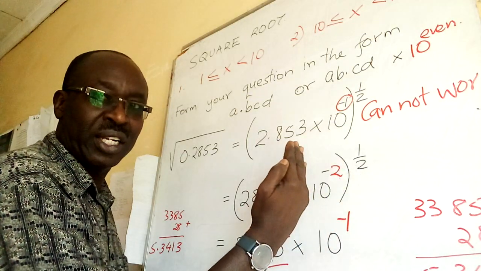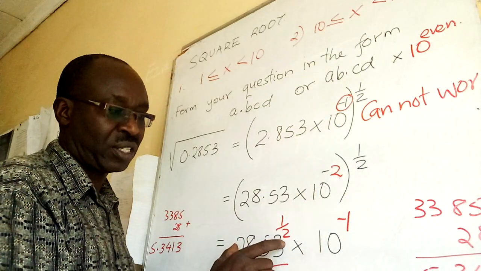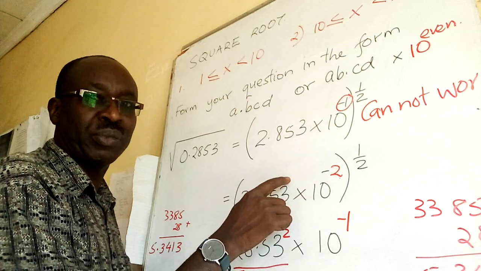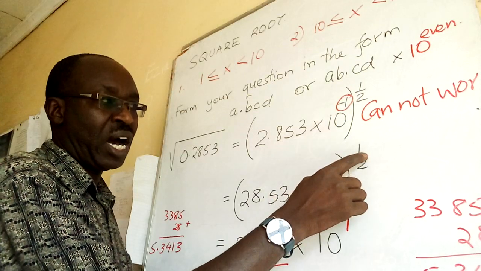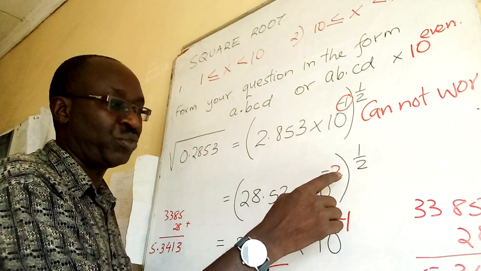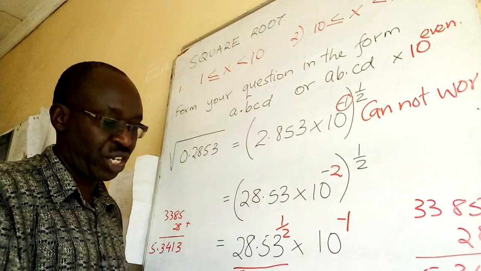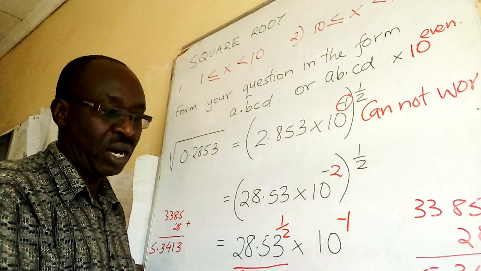You bring in power half to the first part. So this times 1, here there is 1, which is a half. Then a half again times negative 2 gives you negative 1. So this part you check in the table and then you drop this down.